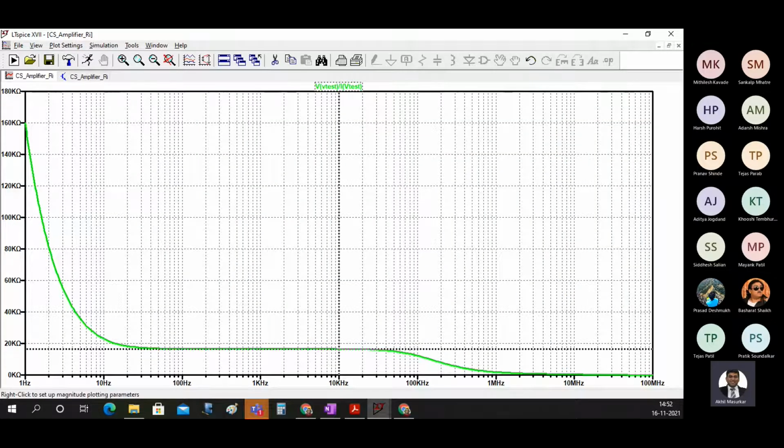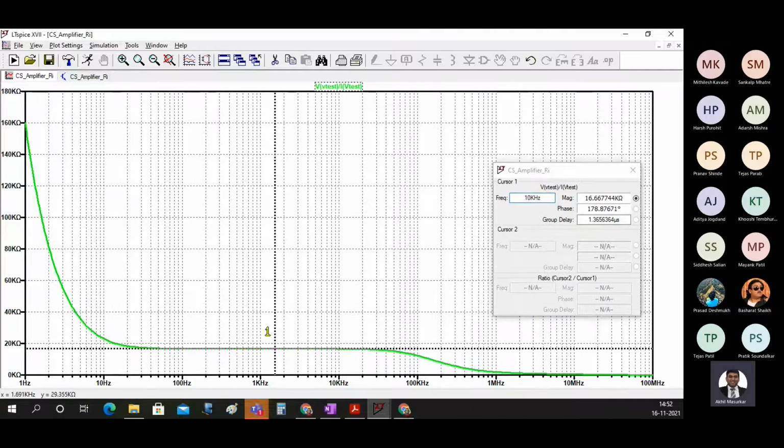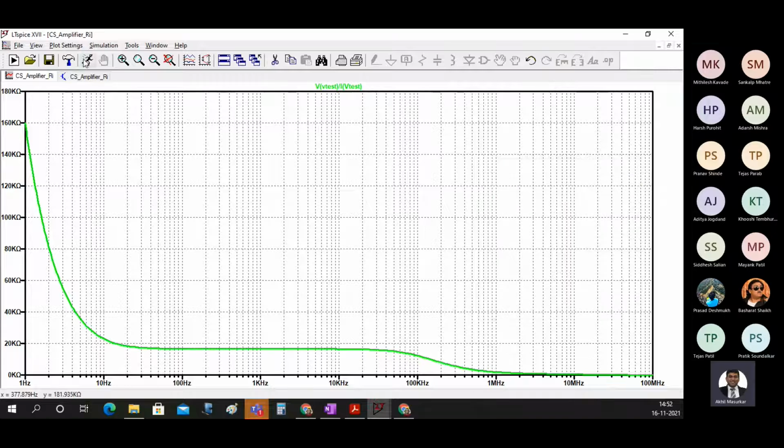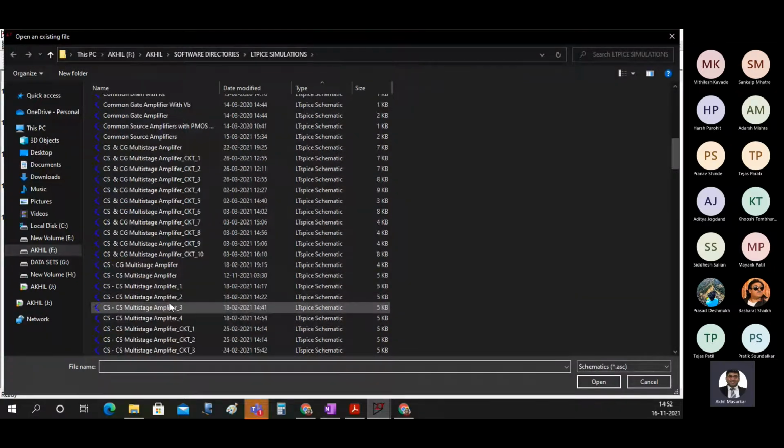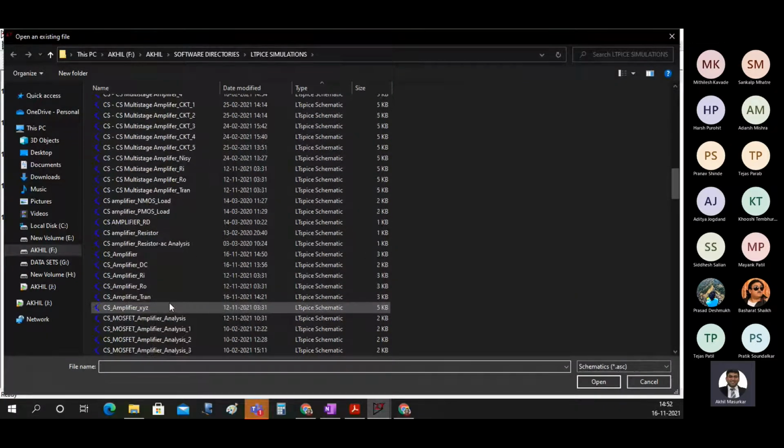So if you move across, you can see that this 16.6 kilo ohms is there in the mid frequency range. And similarly, I connect the same test voltage on the output side, which we did for our amplifier also.